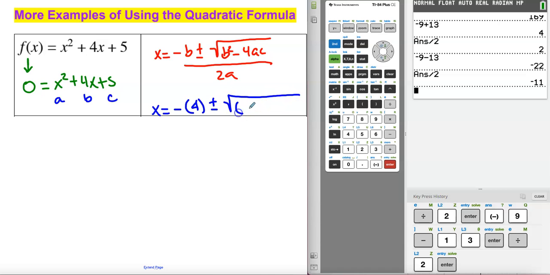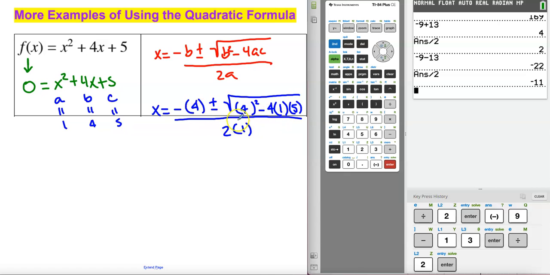All right, and open parentheses, and another 4 is going in for b, but I'm going to square it this time, minus 4 times a is 1, and c is 5, and this is all divided by 2 times 1 again because a is 1. And if you have to write those values there, you can. So a is 1, b is 4, and c is 5.